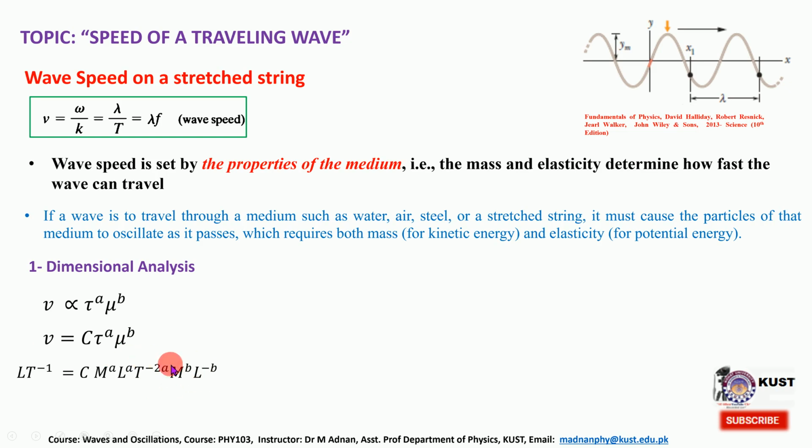Finding these a and b, they come out to be a is 1 over 2 and b is minus 1 over 2.